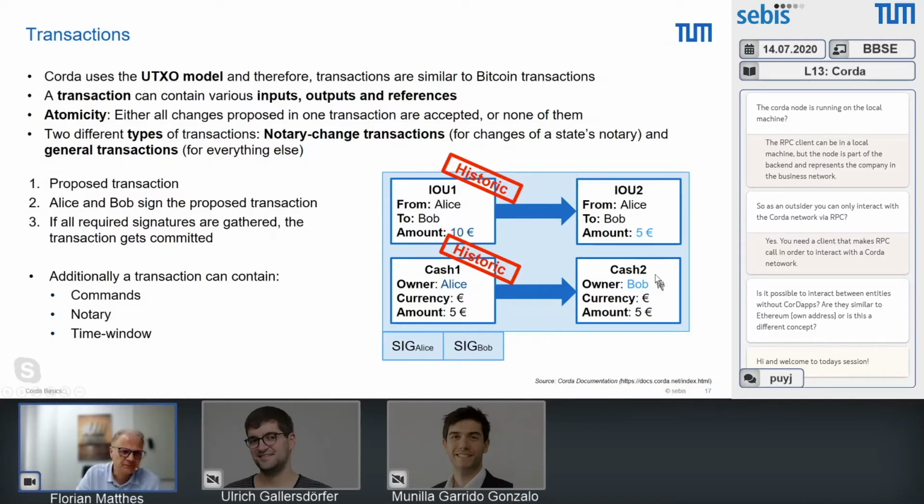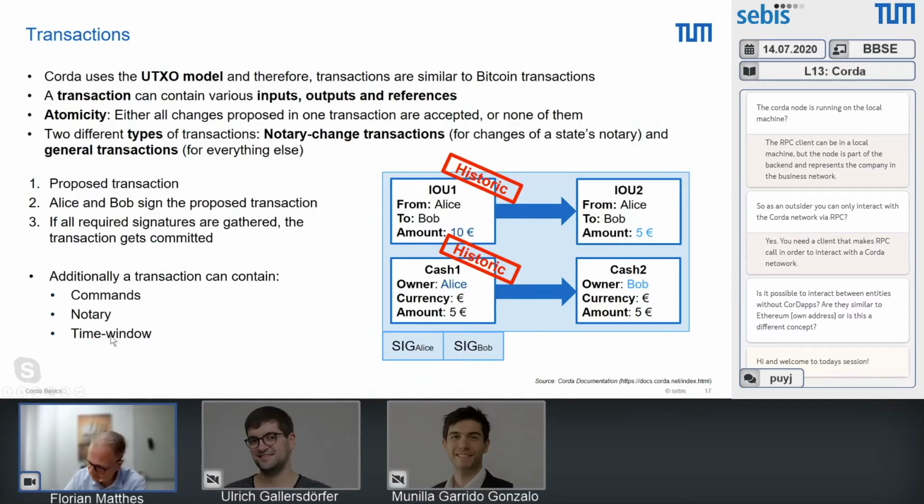In addition to these state changes, a transaction can contain additional information. First, maybe we talk about a time window. You remember this was something we also saw in Bitcoin, that certain transactions can only happen after a certain block height. Here we are more flexible. We can also define a time window and say this transaction can only happen in a certain time window.